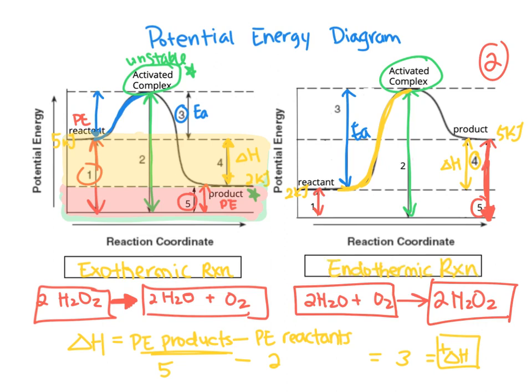Notice that the potential energy of the product in this case is higher than the potential energy of the reactant, unlike the case in the exothermic reaction. So the product side is less stable compared to the reactant. Hopefully this clarified more information for you, and now we're going to move on to some practice problems.